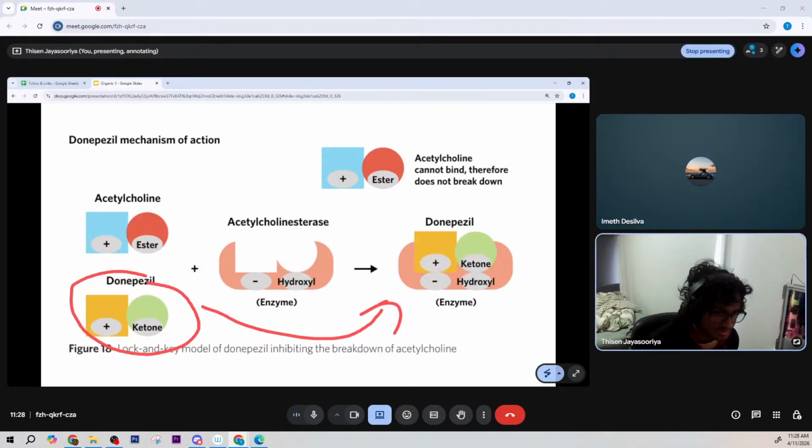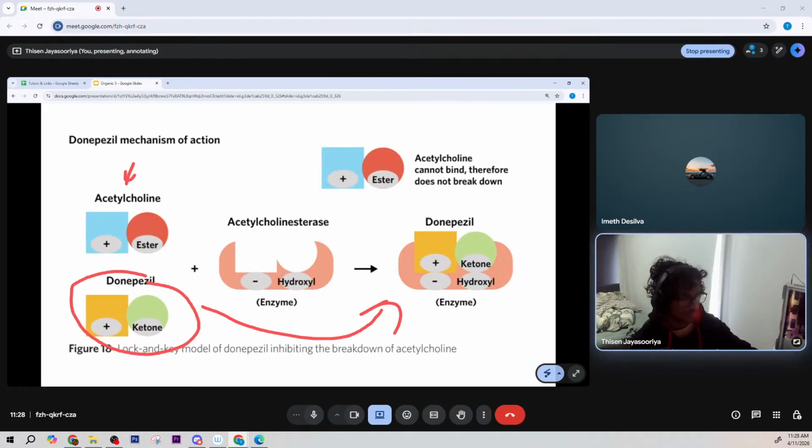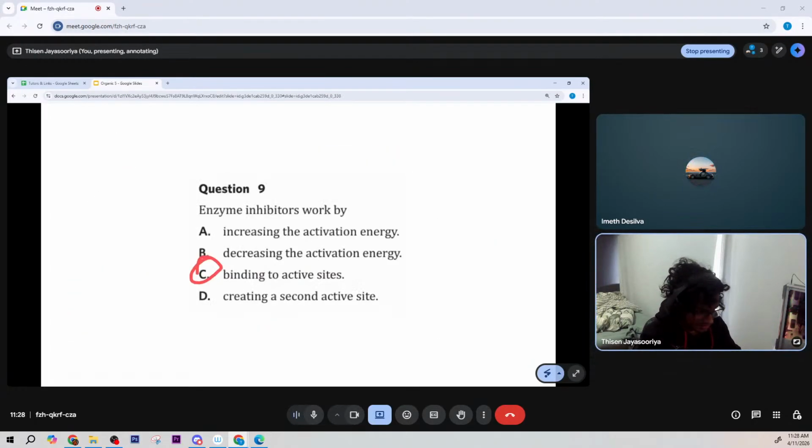It blocks it up. It's competitive. It basically stops the breakdown of this thing, which essentially reduces the effect of Alzheimer's disease, or supposedly reduces the effect of Alzheimer's disease. So, enzyme inhibitors work by increasing the activation energy, decreasing the activation energy, binding to the active site, or creating a second active site. C.